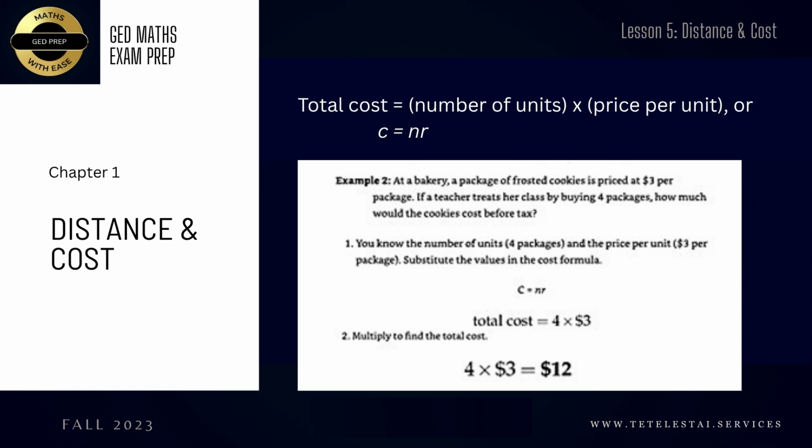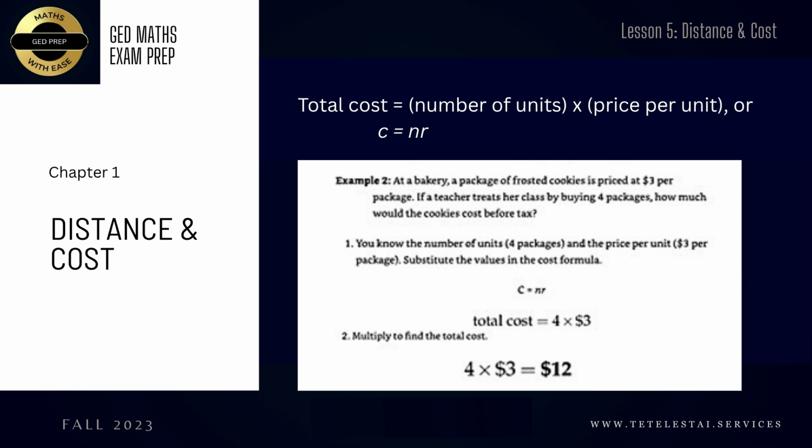And they tell you, oh, it's $5 per cookie. That just means that each cookie costs $5. So don't get hung up on the terminology. Mathematicians like to use their own language, but you can easily translate it into something that makes sense to you.